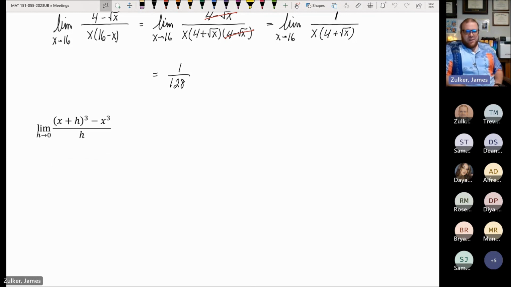Limit as h approaches 0 of the quantity x plus h cubed minus x cubed all over h. This form we're going to see a lot.